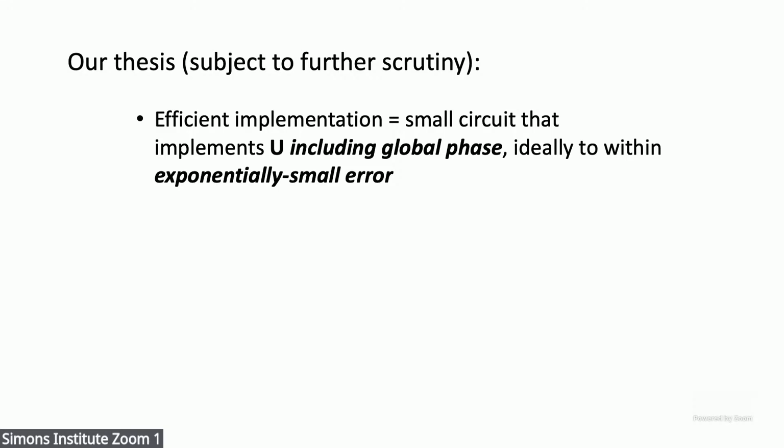And then, I don't know if we'll have time, but ideally you also want your unitary to have exponentially small error. Normally we care about the errors, but we don't often make a formal specification that we insist on exponentially small errors, but I'm going to make that claim.